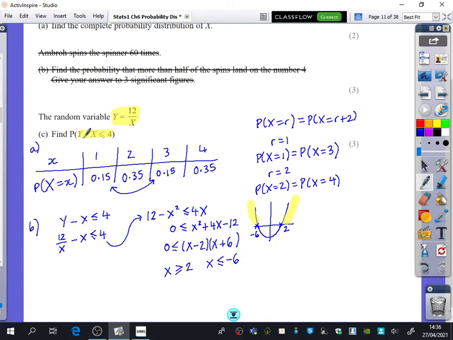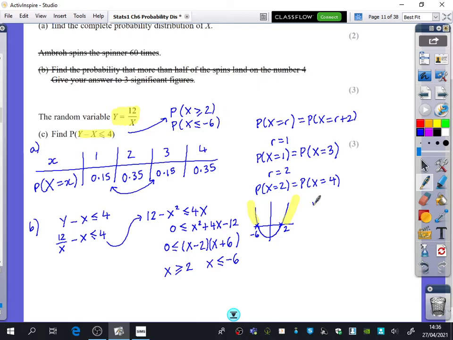So the probability that y minus x is greater than 4 is actually the same as the probability that x is greater than or equal to 2 and the probability that x is less than or equal to minus 6. So we had to change it into an inequality that we can actually use.